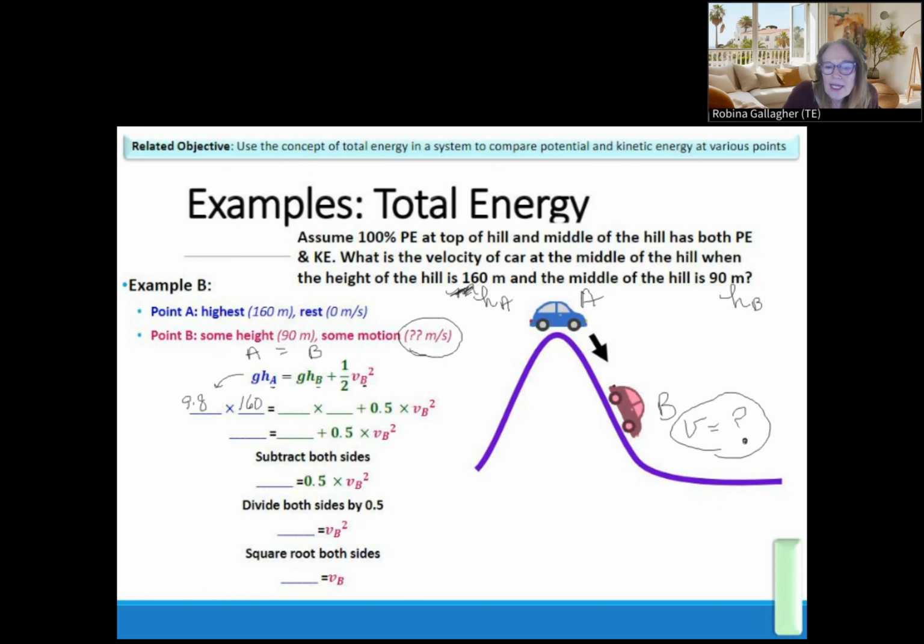So now I'm looking at point B. G is always a positive 9.8 unless I'm working a free fall problem. The height of hill B is 90 meters. Notice that my fraction has been converted to a decimal, so I don't need to worry about that. And then here's my variable I need to get by itself.